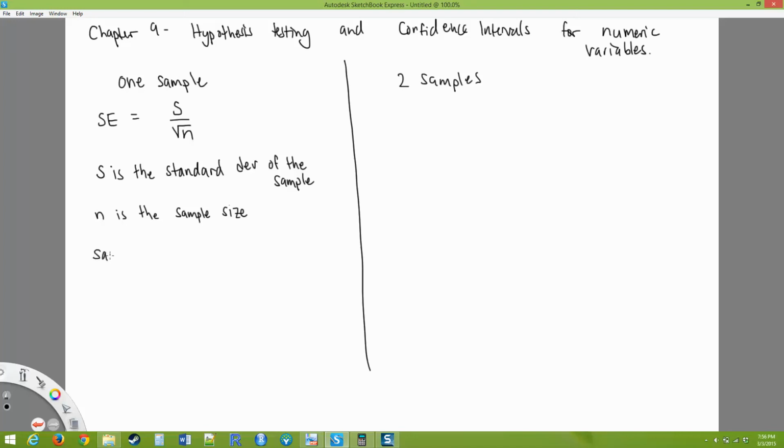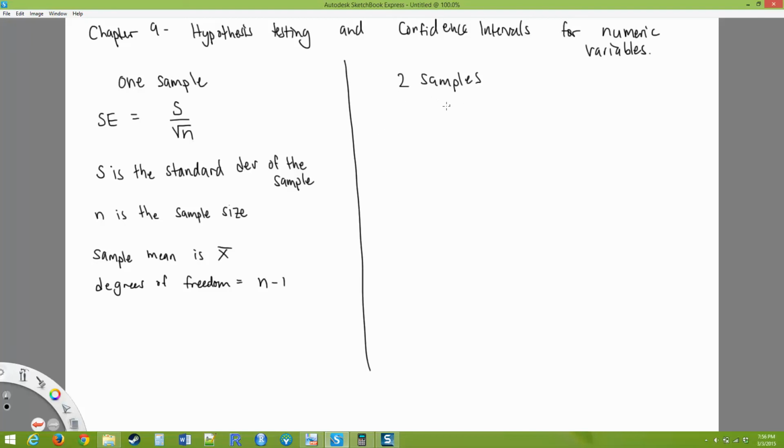Your sample mean is x bar, and your degrees of freedom is going to be n minus 1. Put this somewhere so you can always refer back to it. These are going to be good to know, okay?